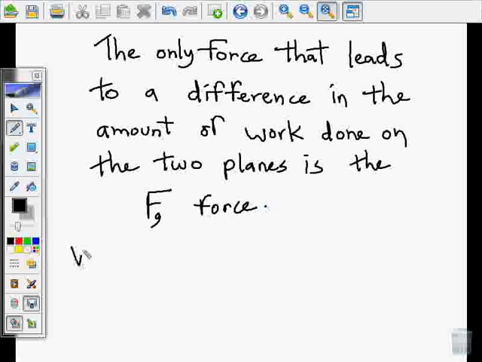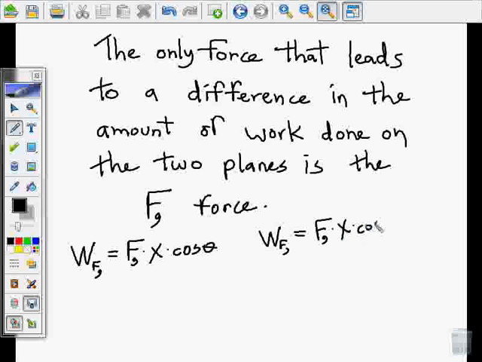So we have the work done by the FG force on the left plane equals FG times the forward x times cosine theta. And the work done by the FG force, the weight force on the right plane, equals FG times x times cosine theta. So in both cases, what was F sub G? 5.9 times 10 to the fourth newtons.